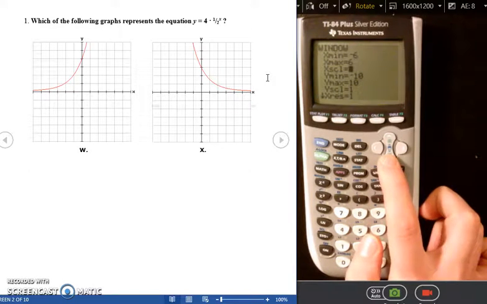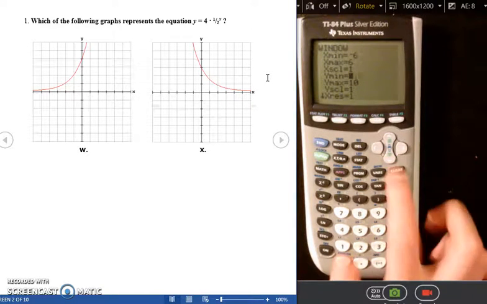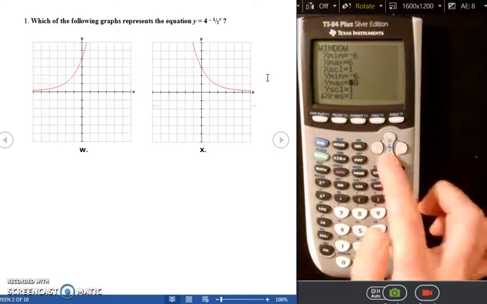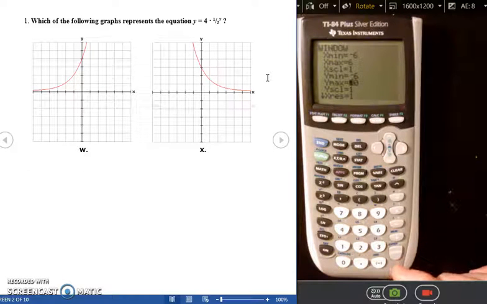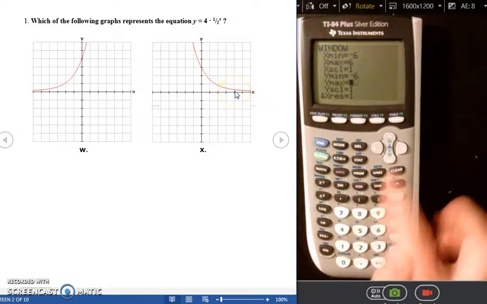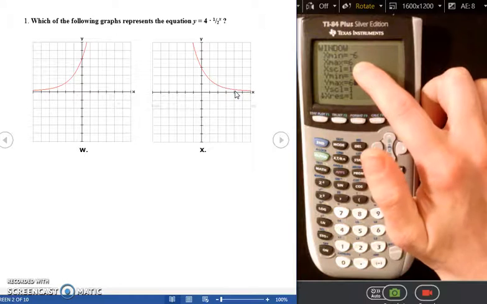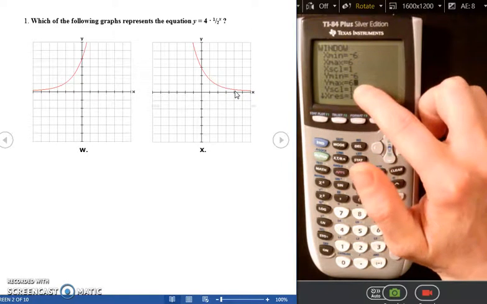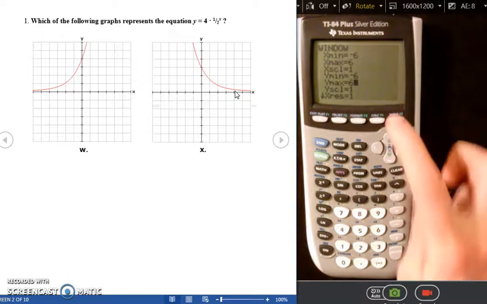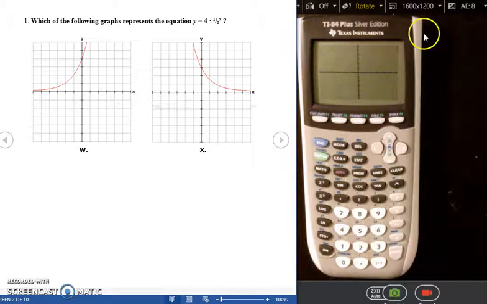Leaving the scale at 1, that means there's a check mark at every unit, just like we have on the problem. And so now I'm telling it I want the x-axis to start at negative 6 and go to positive 6, and the same with the y-axis. And so now I'm going to click graph, and now whatever graphs on this picture here is what I'm looking for exactly in the picture for my answer.